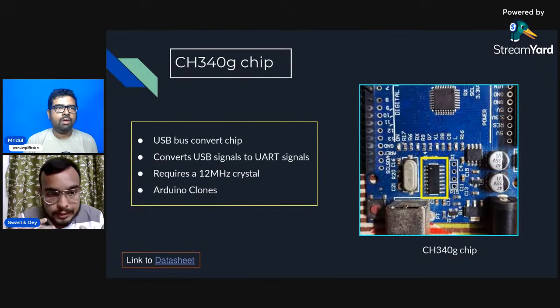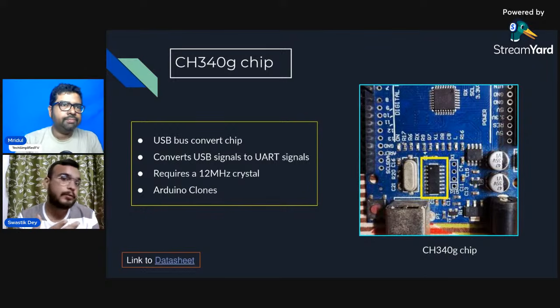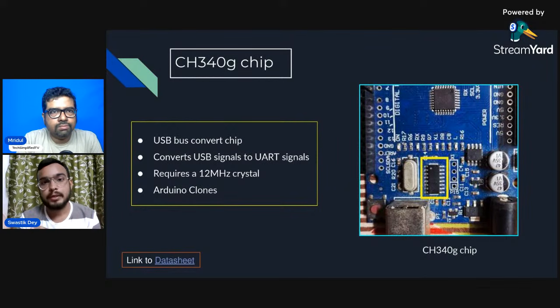What this CH340G chip does is that it converts data from USB protocol to a UART protocol. Now, why is this necessary? This is necessary because our microcontroller, the Atmega 328P that we saw, speaks the language of UART protocol. And the PC that we are using to program our microcontroller speaks the language of the USB protocol.